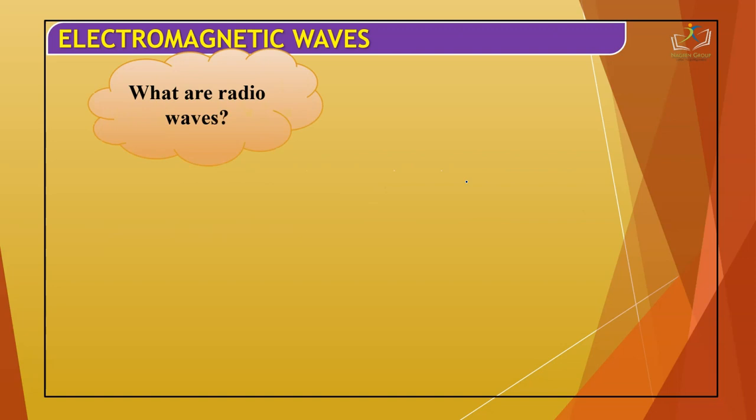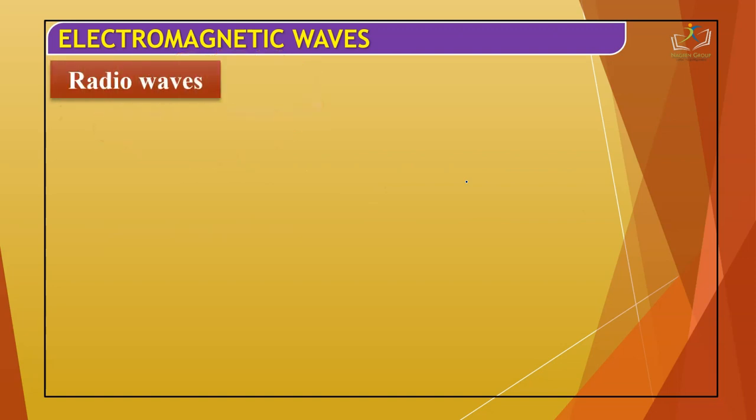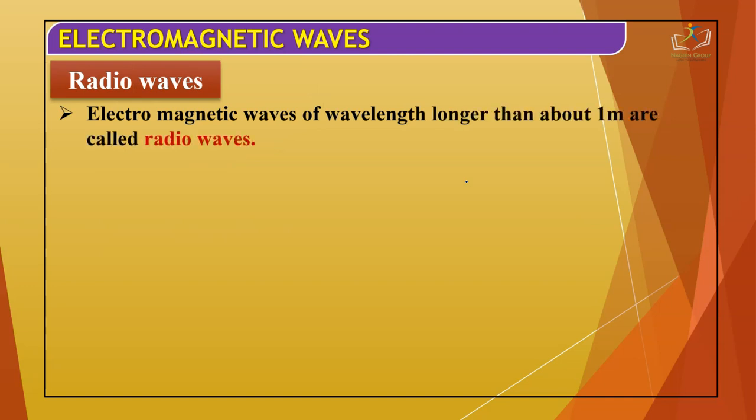What are radio waves? Electromagnetic waves of wavelength longer than 1 meter are called radio waves. This means it is a type of electromagnetic wave whose wavelength is longer than 1 meter.